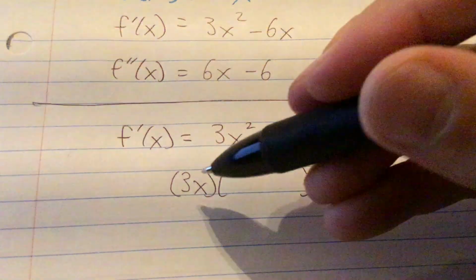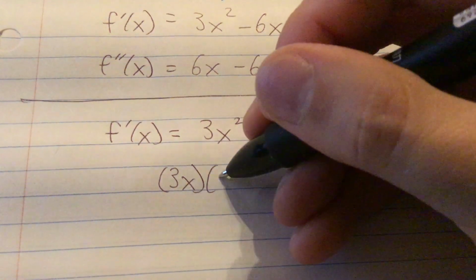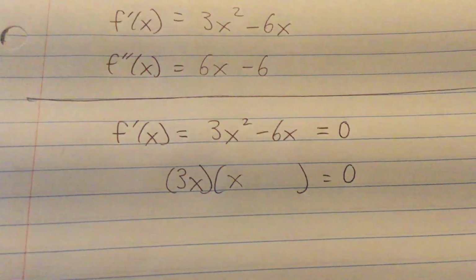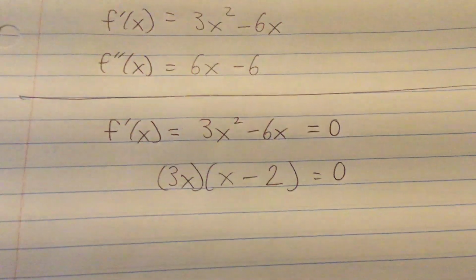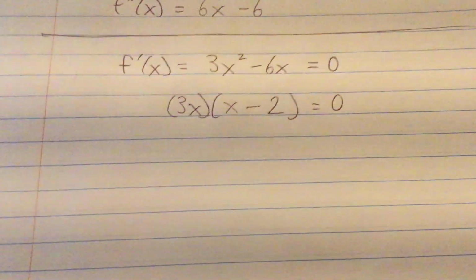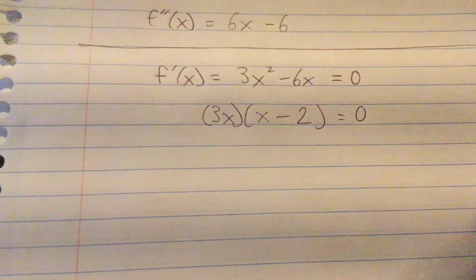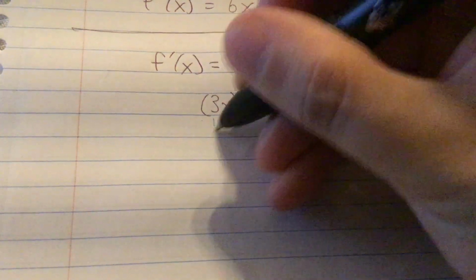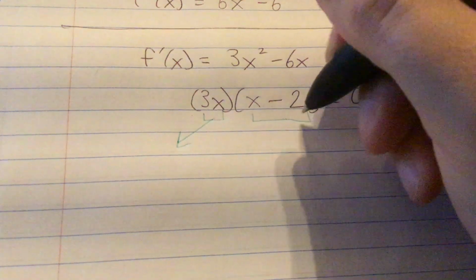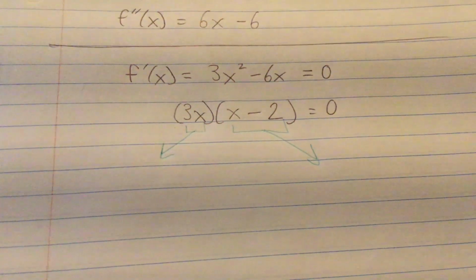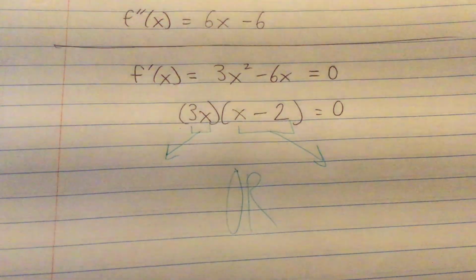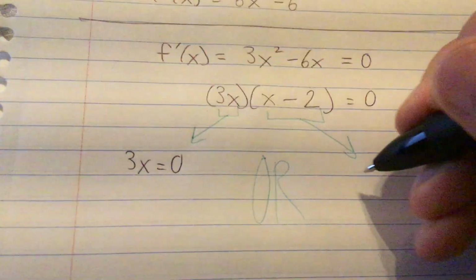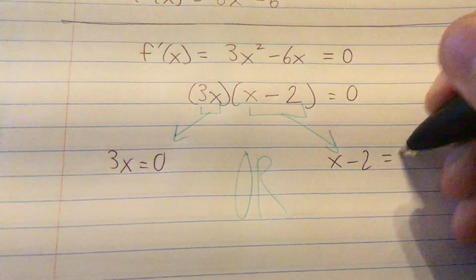So 3x times x becomes 3x squared, and then 3x times negative 2 becomes negative 6x. And then I break this up into 2 cases. By the zero product principle, 3x is equal to 0, or x minus 2 is equal to 0.